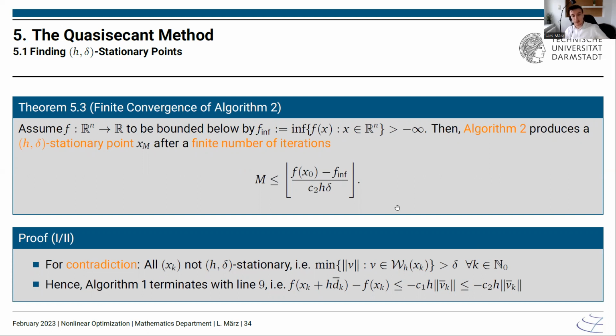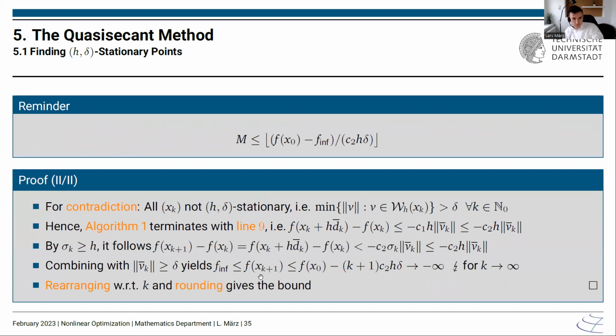Then algorithm 1 had these two exit conditions, and the first one doesn't kick in, so the second one must be the one where we terminate. So from that, we get the following inequality. Now we can use that the step lengths are always larger than h, and can therefore plug this into this inequality.